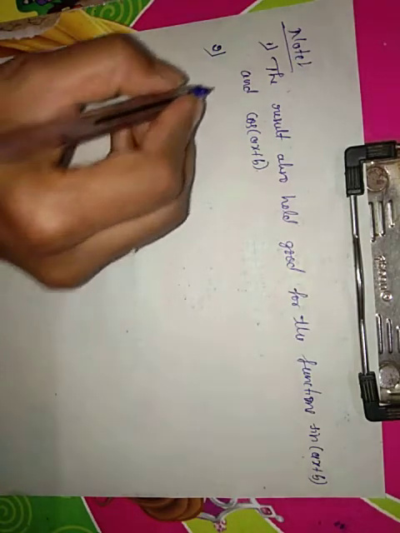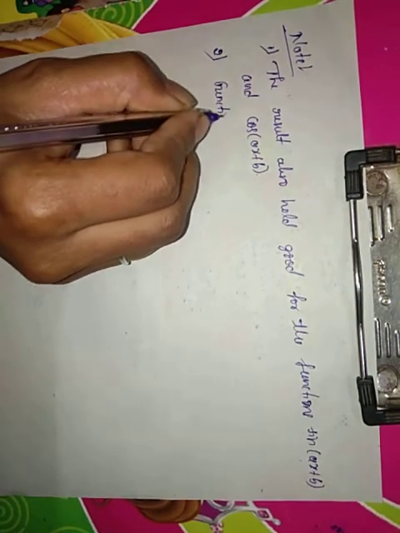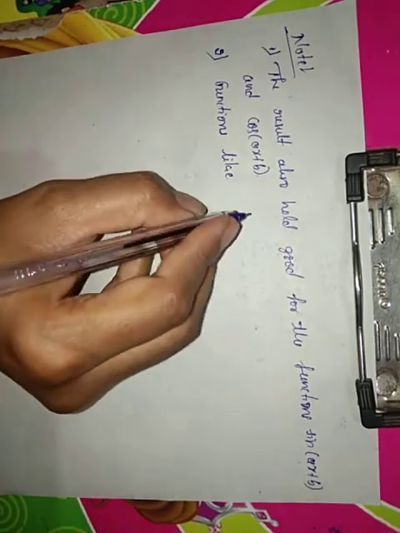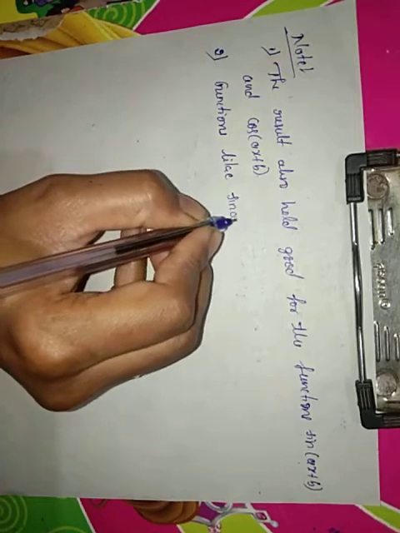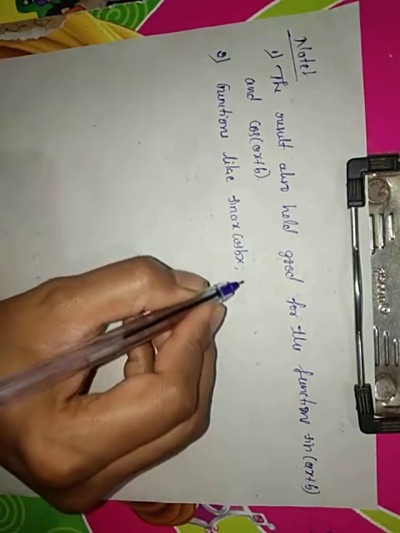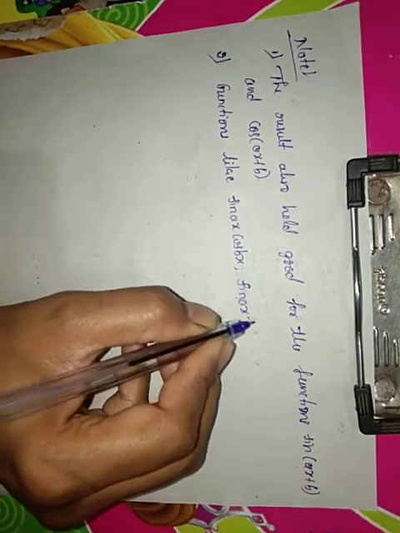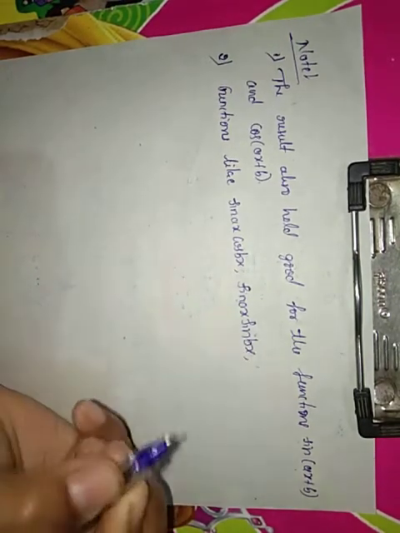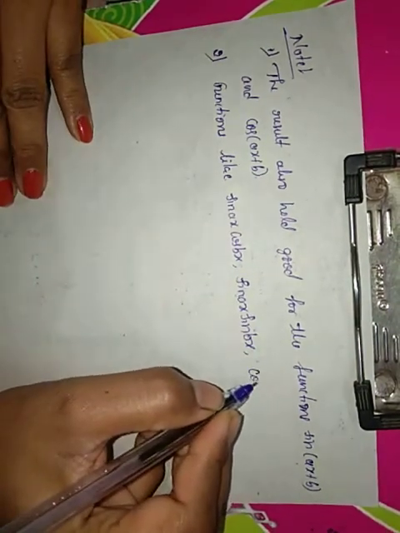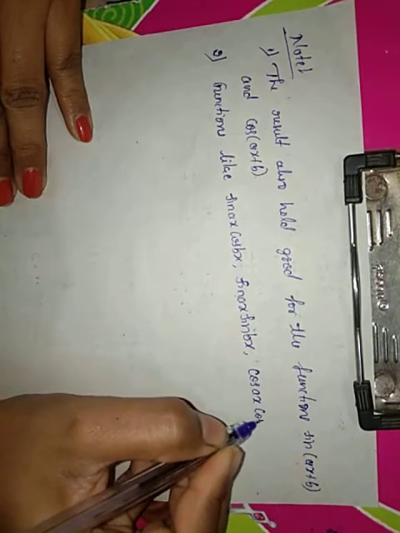And the second one: this result also holds good for functions like sin ax into cos bx, also sin ax into sin bx, and also cos ax into cos bx.